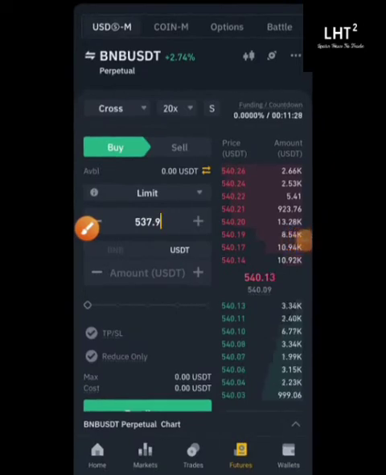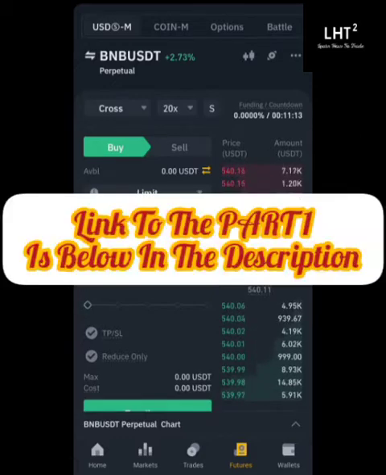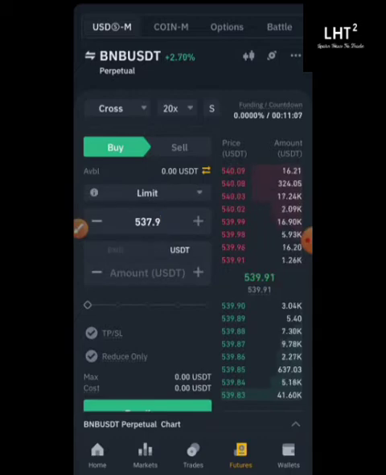Okay, so here's the interface for Binance futures. If you don't really understand what you're seeing here, the link to the first video I made on Binance futures is just below in the description, so you can click on the link and watch the video to understand everything here.